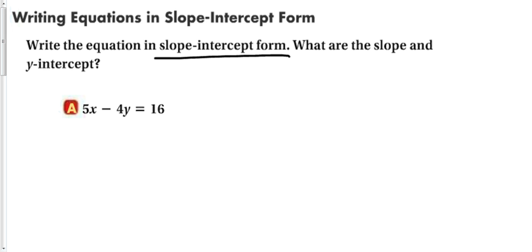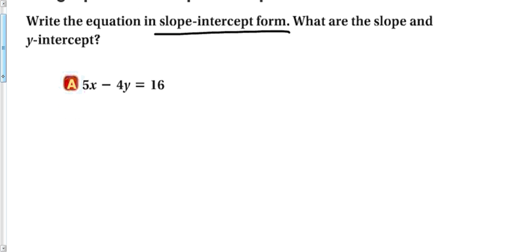So in this case, I'm going to start by solving for y. The easiest way to do that is to subtract 5x from both sides. That would give me -4y is equal to -5x plus 16.